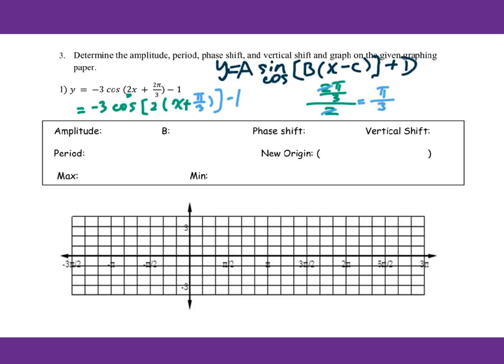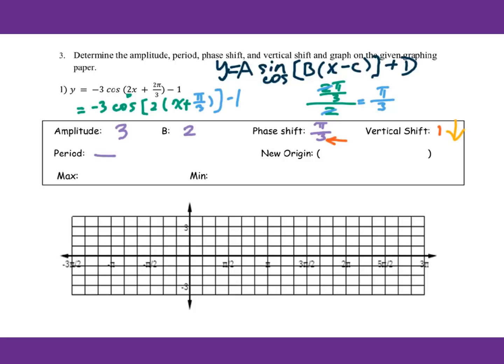That's the first step. So amplitude, that's 3. And b, that's 2. Phase shift, that's pi over 3. Inside is a liar, therefore you move to the left pi over 3. Vertical shift is 1, but you need to go down 1.